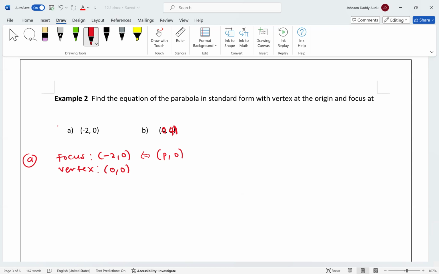So what that means is that our line of symmetry is the x-axis. So this means that you are dealing with a horizontal parabola, and since P is on the x-axis.